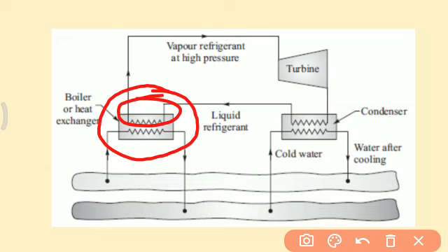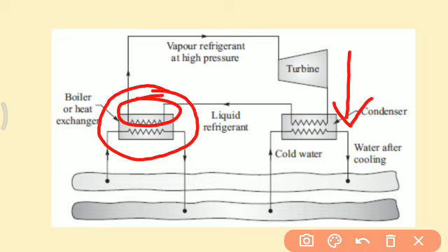This steam then passes through the turbine, and the thermal energy is converted into mechanical energy in the turbine, and then after passing through the turbine, it is again passed through a condenser. In the condenser, unlike the open cycle system, the cold water does not come into direct contact with this liquid.